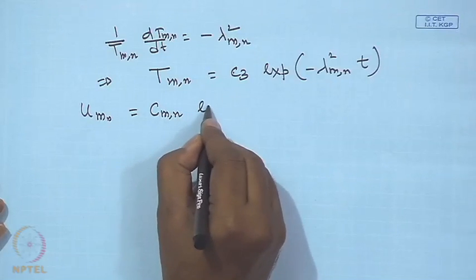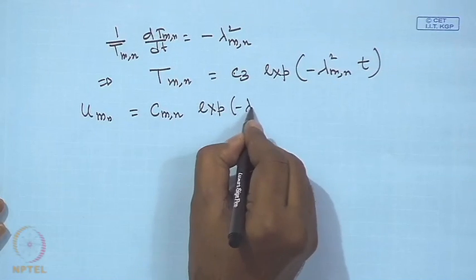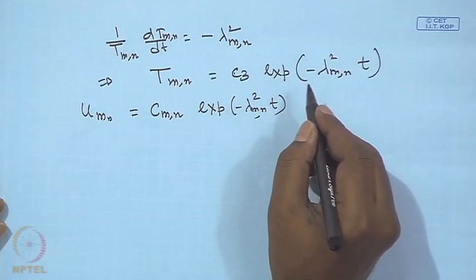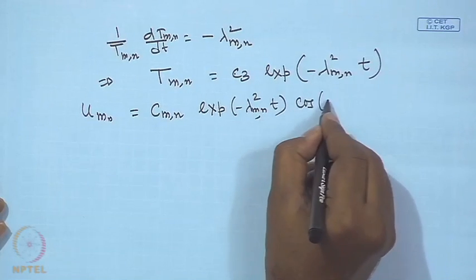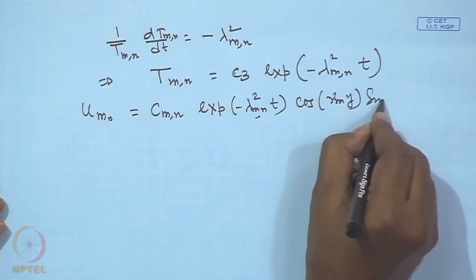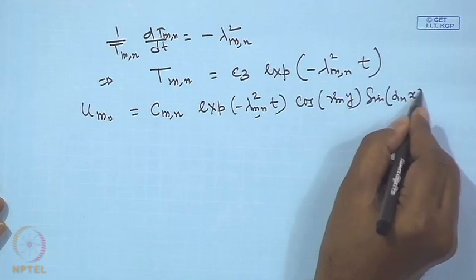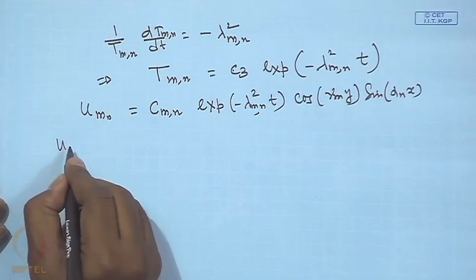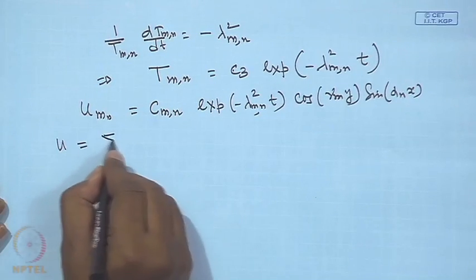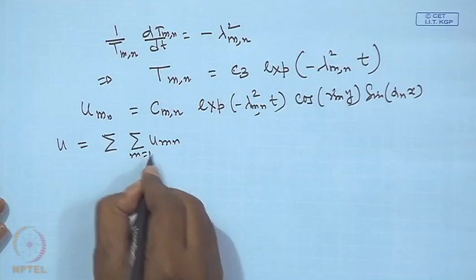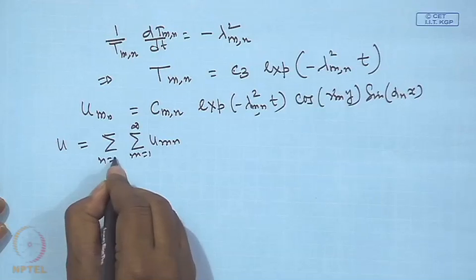So, C m n exponential minus lambda m n square times t, cosine nu m y into sine alpha n x. So, the overall solution will be obtained as u, which is the double summation over u m n, one over m, another over n.